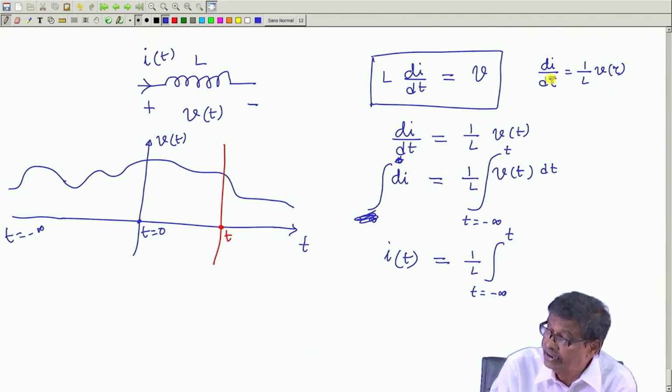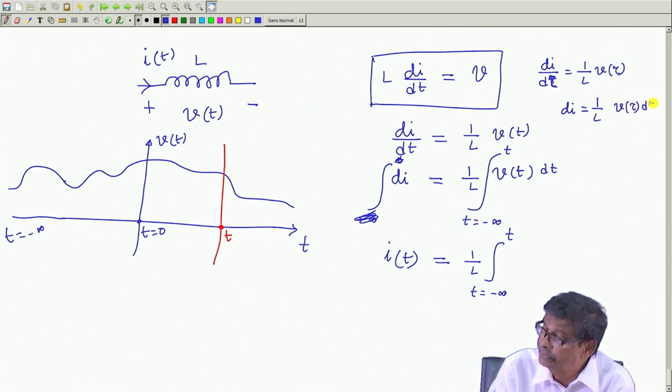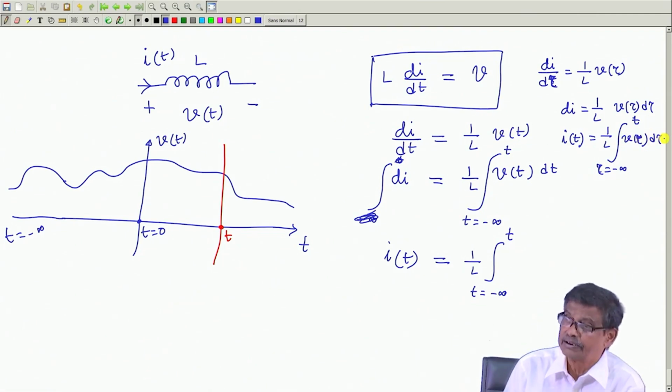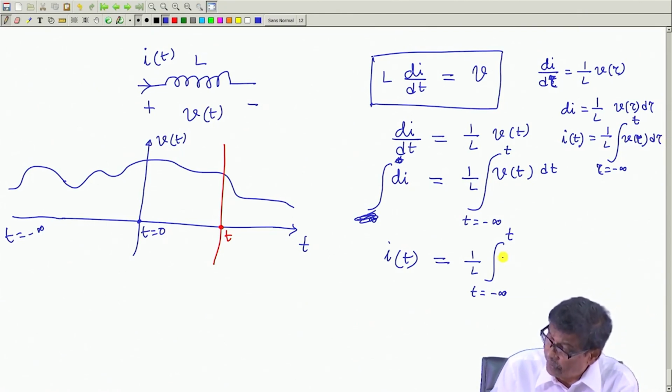So L di(tau)/dt is equal to V(tau), so di is equal to 1 by L V(tau) d tau, and then I at any time t will be 1 by L times the integral of V(tau) d tau from minus infinity to t. Like that also you can write.